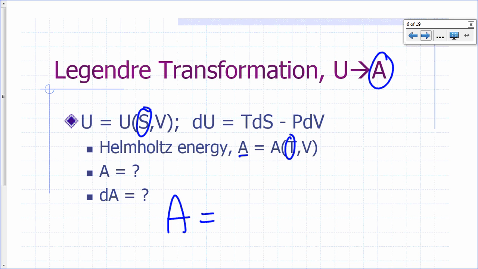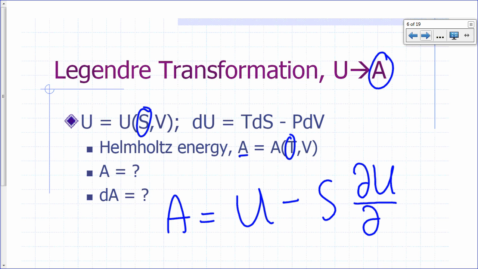How do we do a Legendre transformation? The original function U minus the variable you want to get rid of, which is S, times the partial derivative of the original function, which is U, with respect to the variable that you want to get rid of, holding the other variable constant, in which case volume.